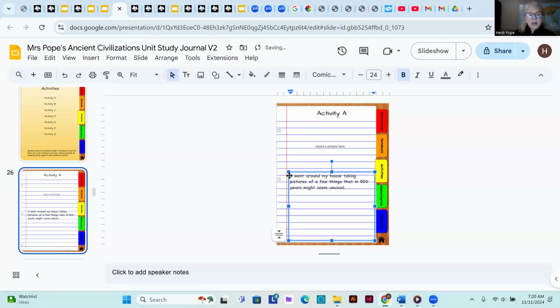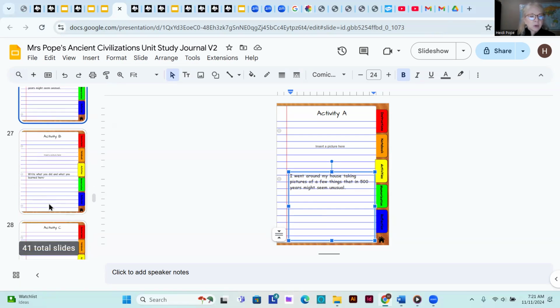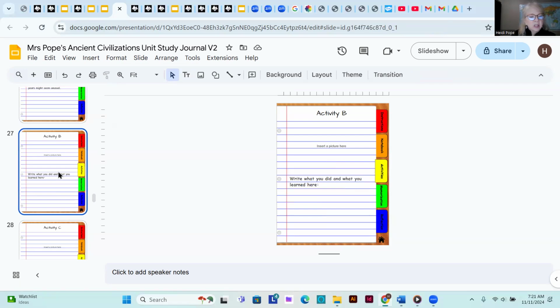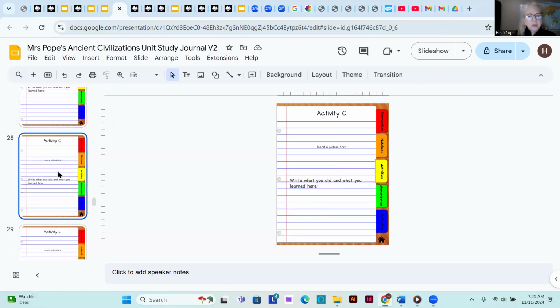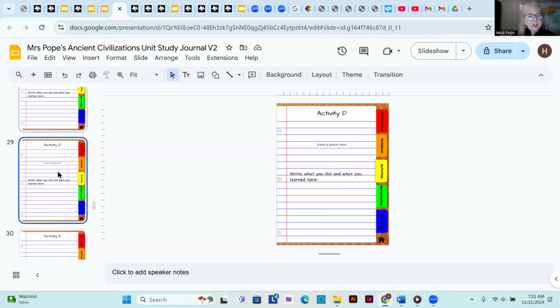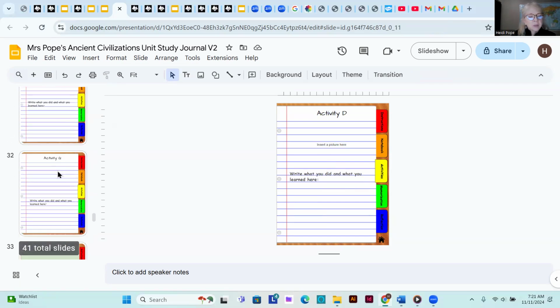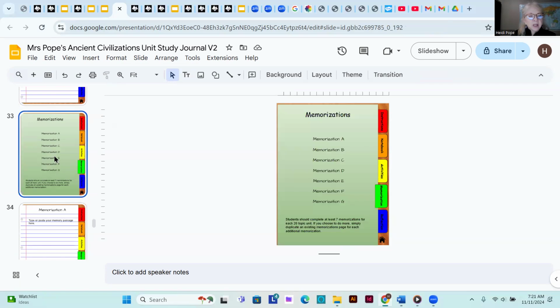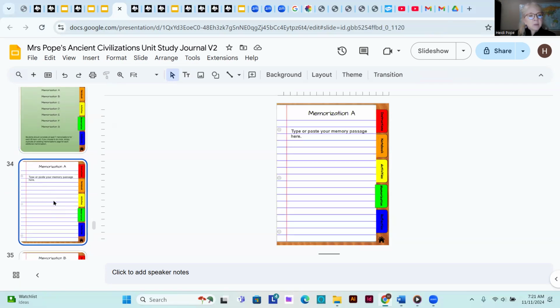And then I'm going to write and tell them I learned that my grandparents have some very old items left from their childhood. And those are the things I'm going to record. I do that each week for each activity. So week 2 will be activity B, week 3, activity C, week 4, activity D, and so on until I'm done. And when I turn in my unit study journal, I need to have my memorization.